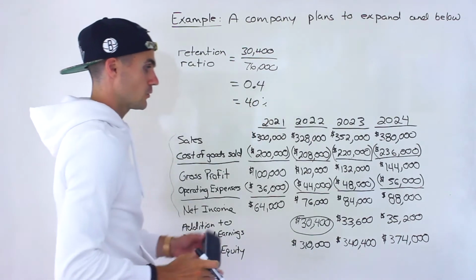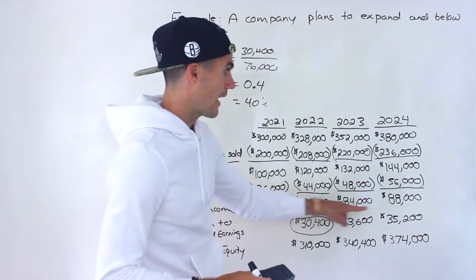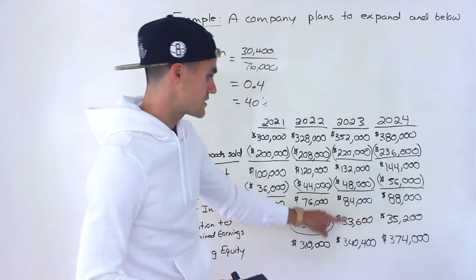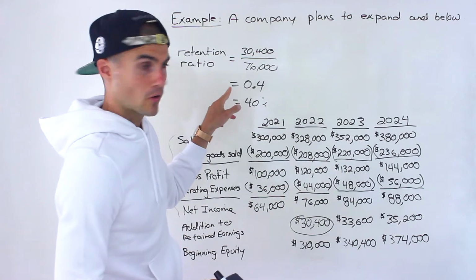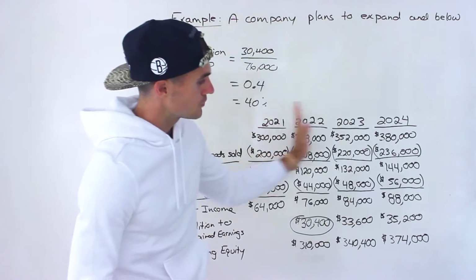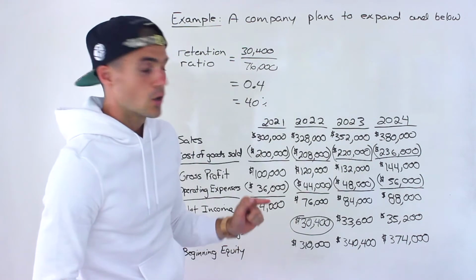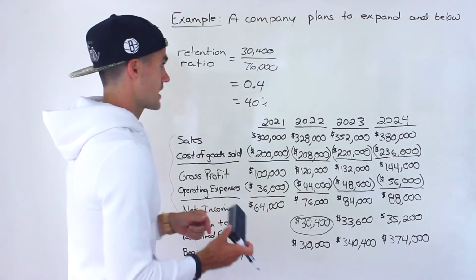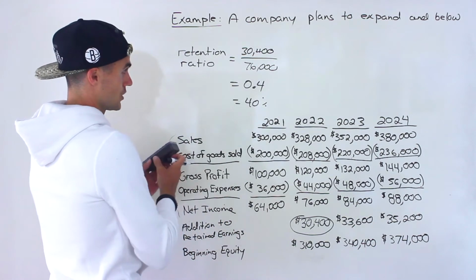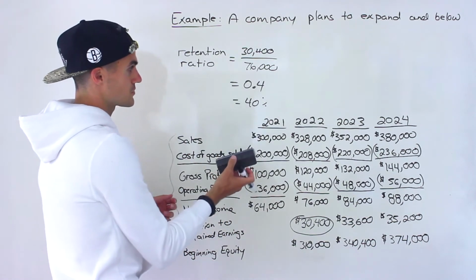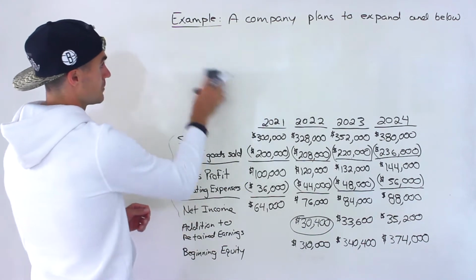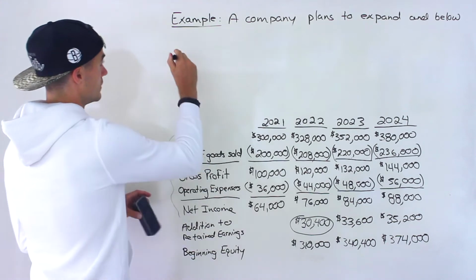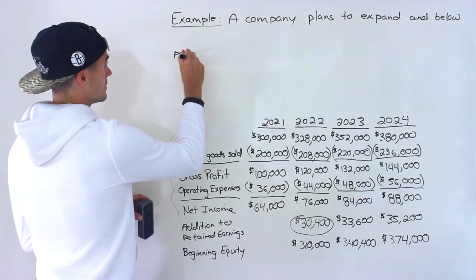And when you do this for 2023 and 2024, you would see it's always 0.4. So that retention ratio is staying constant, which means the payout ratio is staying constant. If the retention ratio is 40%, then the payout ratio is going to be 100 minus 40, which is 60%.